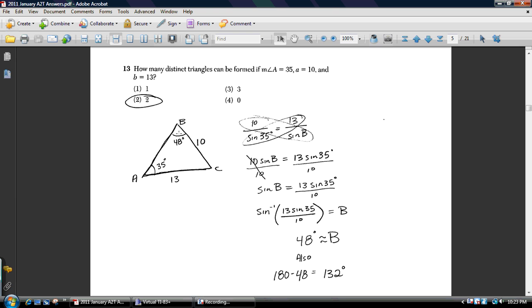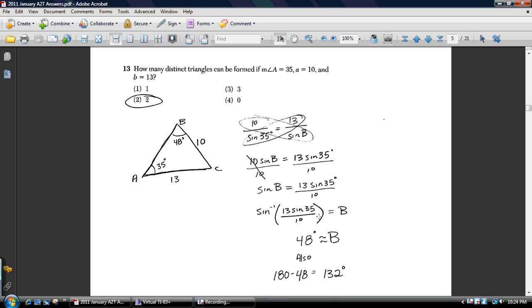And if 132 fits in this spot along with this one and leaves enough left over for C, then there are two triangles. If you get another degree amount over here that doesn't fit, like let's say we subtracted and got 150 as a possible alternative, then you could not create two triangles because 150 plus 35 puts you over 180.